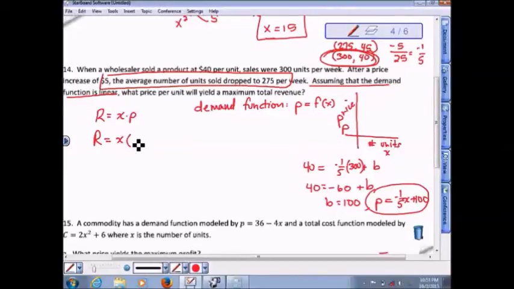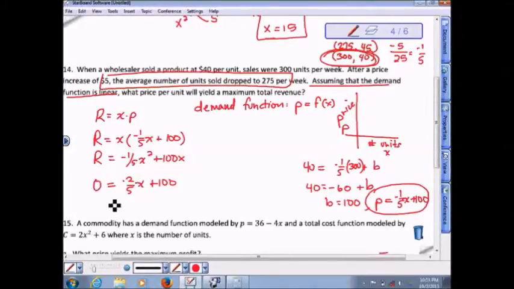So revenue is equal to x times negative 1/5 x plus 100, which is negative 1/5 x squared plus 100x. Now the derivative is equal to negative 2/5 x plus 100.